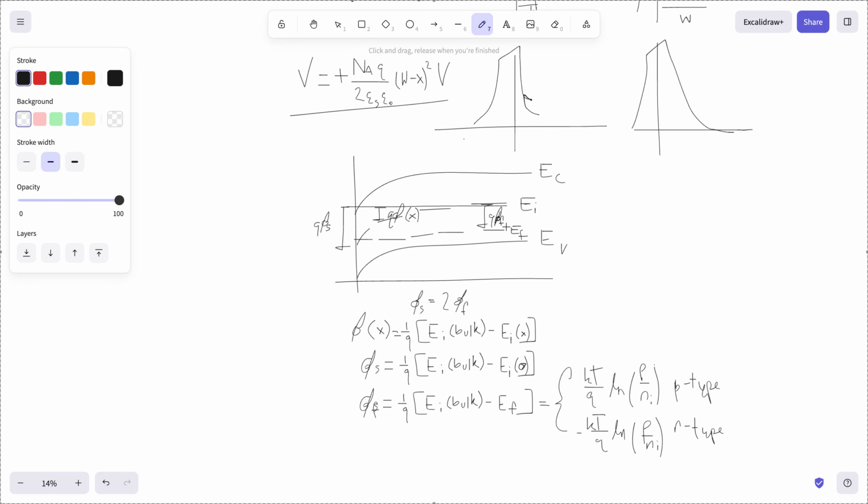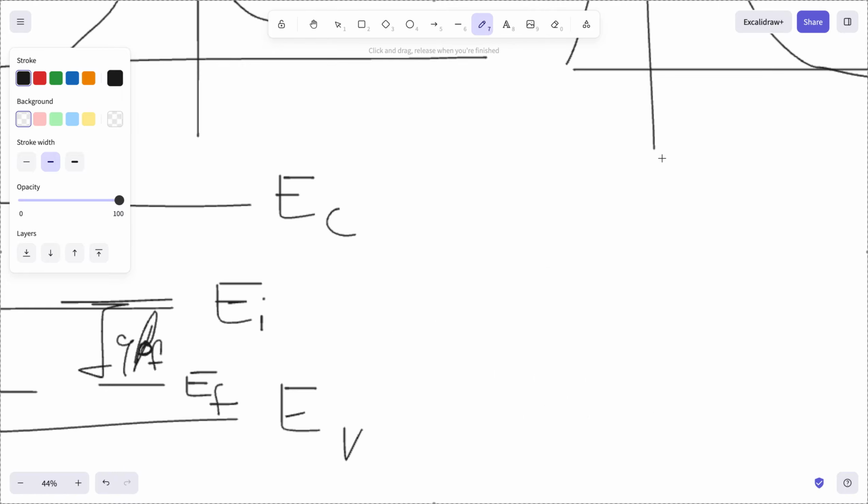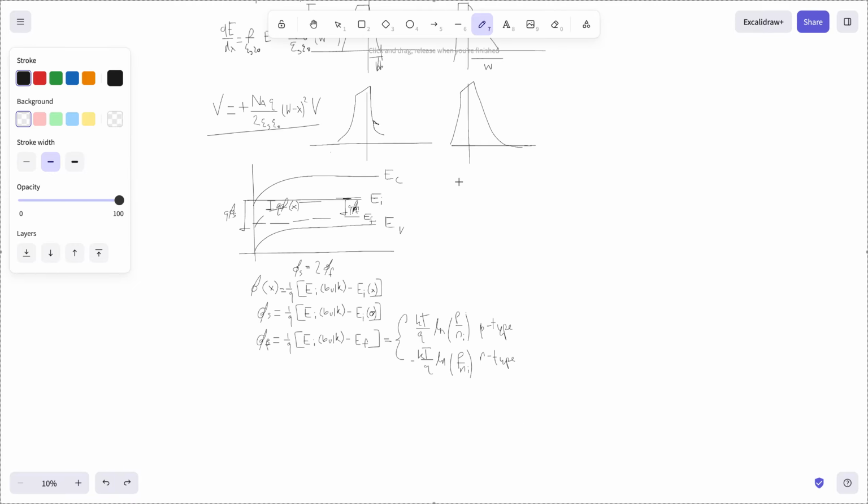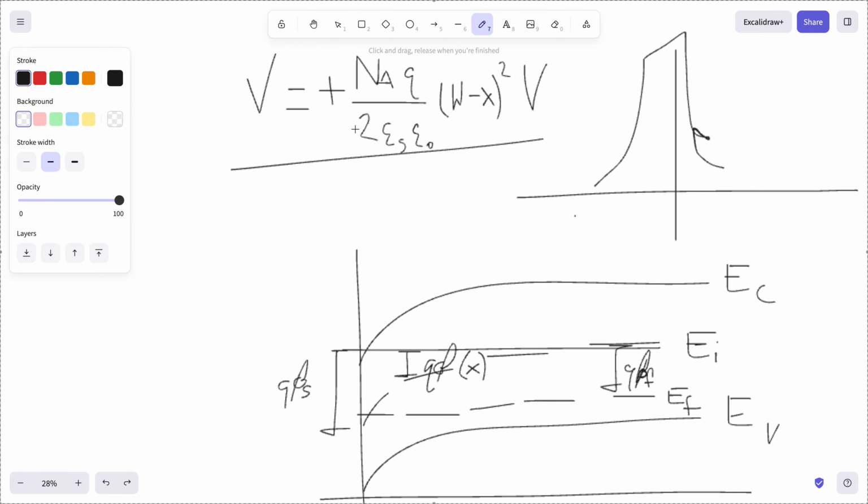Now, after defining these quantities, now we can move to the part where we calculate the width and the threshold voltage. So the width, W, is calculated by using our voltage equation that we got here.